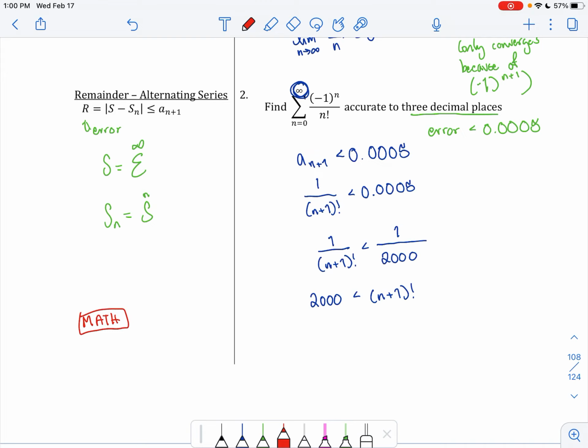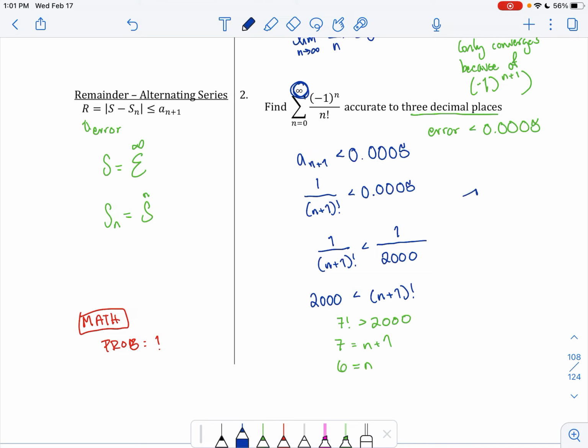Since the vast majority of you are using a TI-83, go over to the probability list, and that'll give you the factorial option. And what you'll find is that 7 factorial is the first one that's greater than 2,000. So that means that 7 is equal to n plus 1, which means that n is equal to 6.